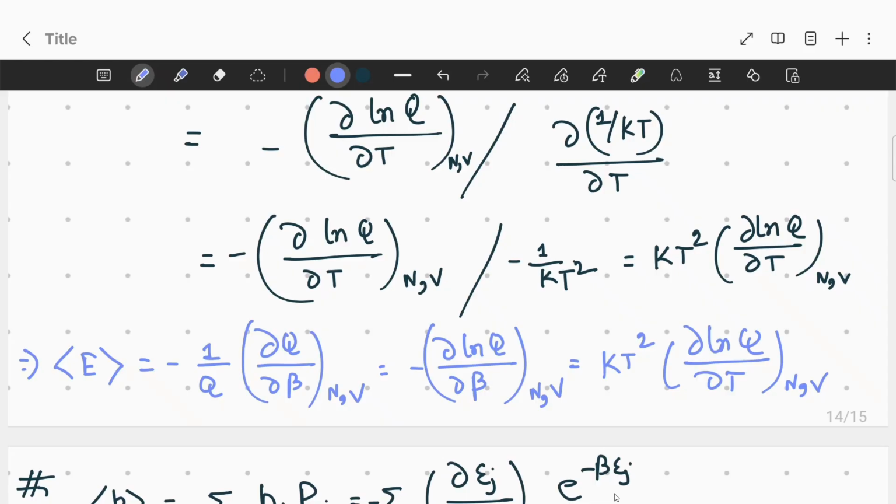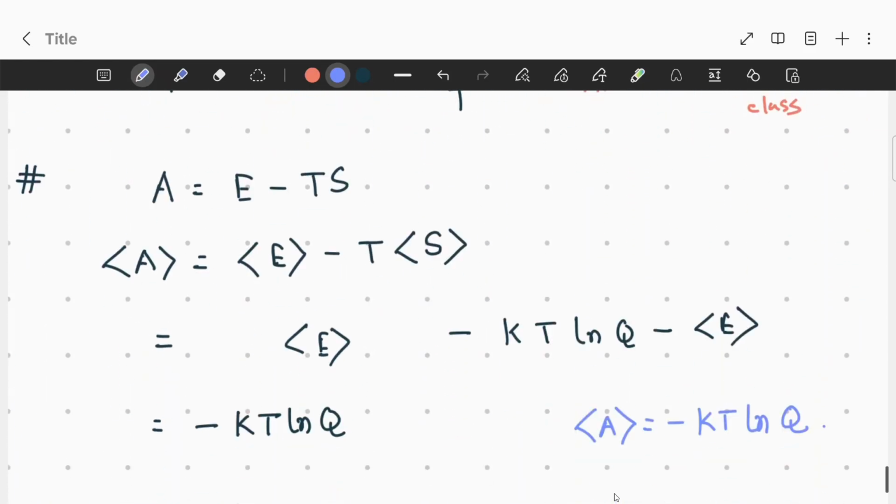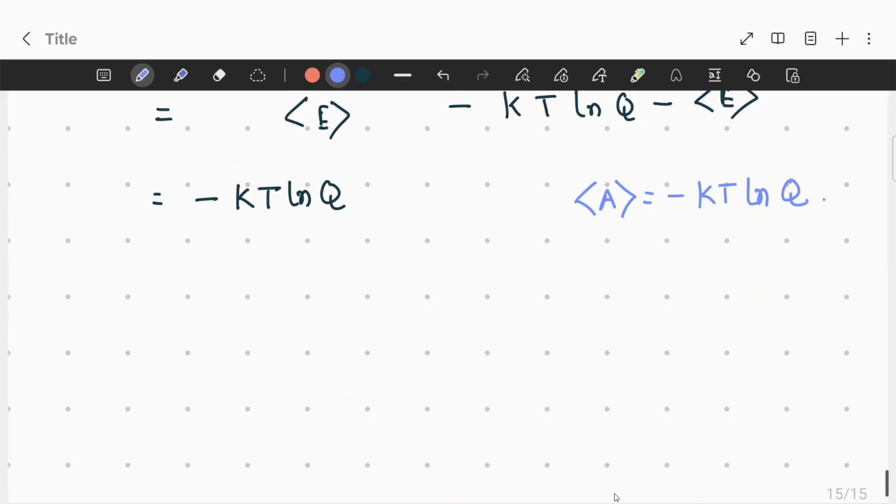Here you can conclusively say that ln Q must be negative so that the average Helmholtz free energy can be positive.